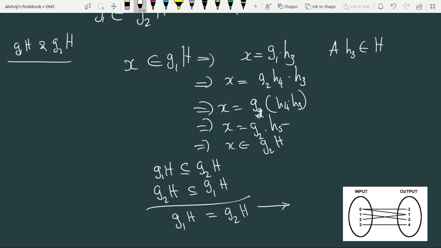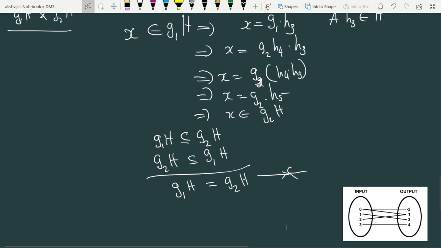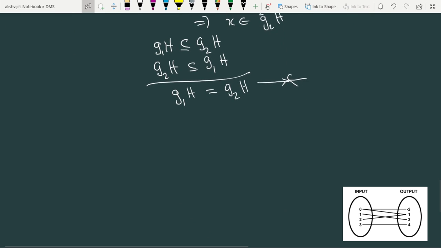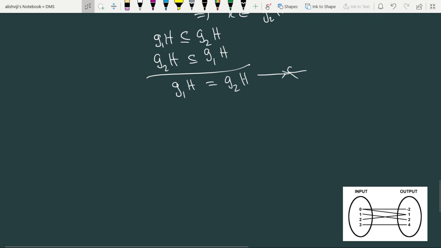But it's a contradiction, since we assumed that G1H is not equal to G2H and that they have some elements in common at our starting point. This contradiction is due to our wrong assumption that G1H and G2H have something in common. So that is wrong, which means G1H intersection G2H is equal to the null set.